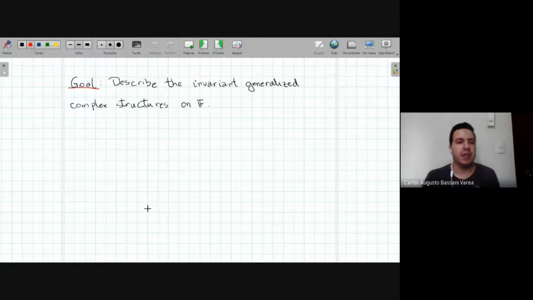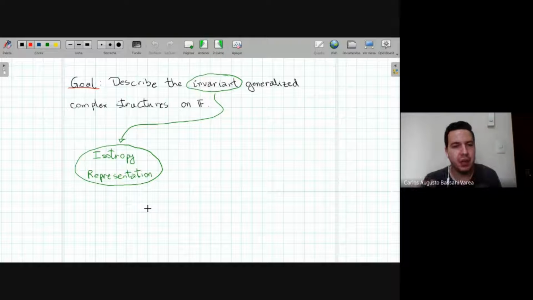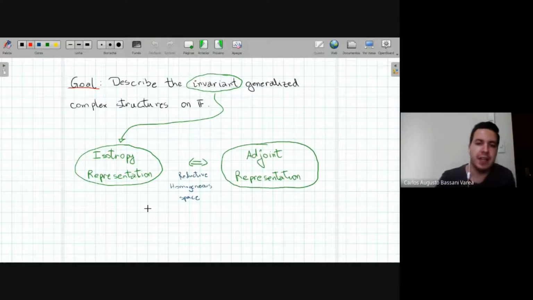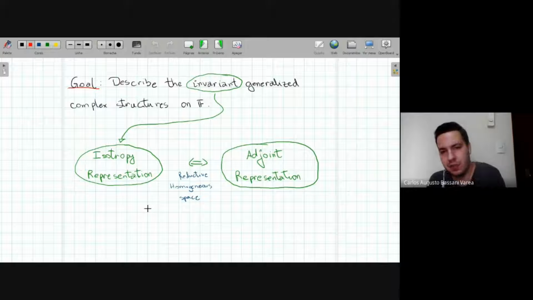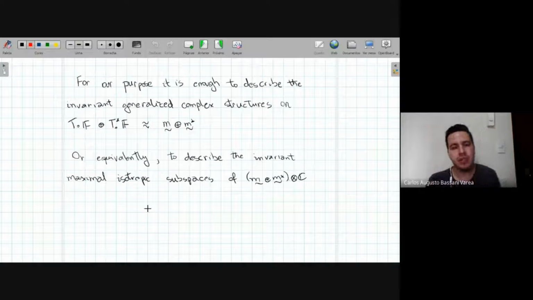So the main goal today is to describe the invariant generalized complex structures on the flag manifold. And by invariant, we mean invariant under the isotropy representation. But again, since we have a reductive homogeneous space, we can identify the isotropy representation with the adjoint representation. Okay, and also since we are looking for invariant structures, we can reduce the problem to the origin.